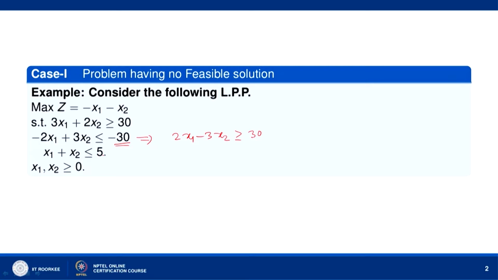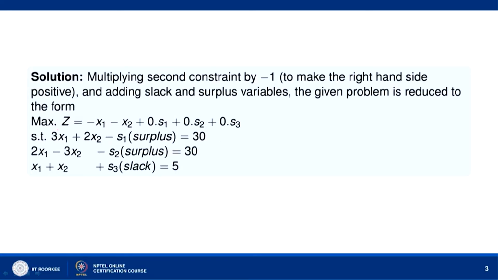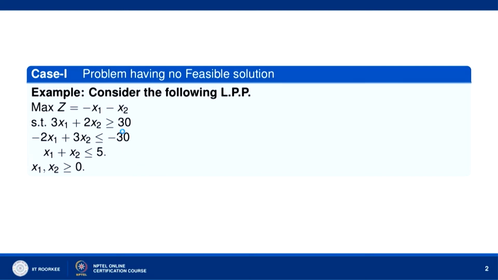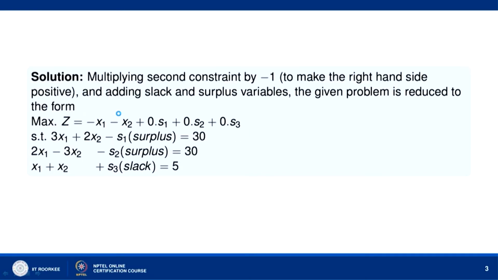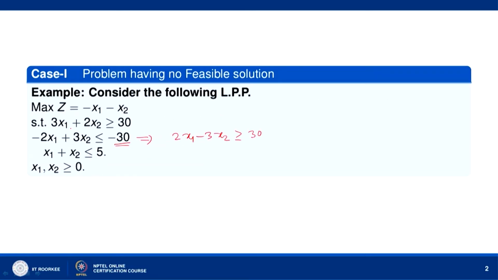So, we add a slack variable to convert it into equality, and what we will have then is maximum of z equal to minus x 1 minus x 2 plus 0 into s 1 plus 0 into s 2 plus 0 into s 3, where s 1 is the surplus variable in the first constraint.